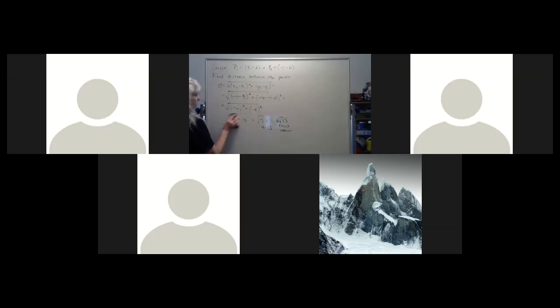We also did the midpoint formula the same day. So let's go find the midpoint between that pair of points. The midpoint of the line segment is the correct wording.